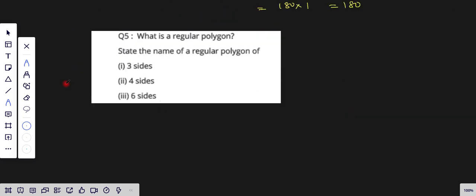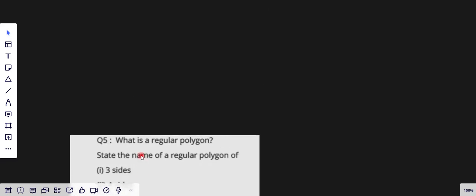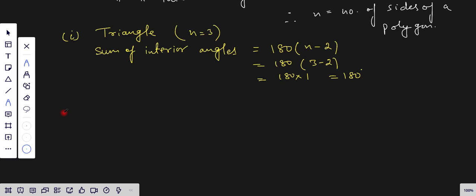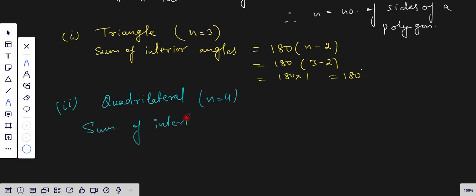Okay, now I'll explain the fifth question later on, but before that I'll take this example. I'll take a different color. So now the second part is a quadrilateral, where n equals 4 because it has 4 sides. So the sum of all its interior angles is equal to 180(n minus 2), where n is the number of sides.